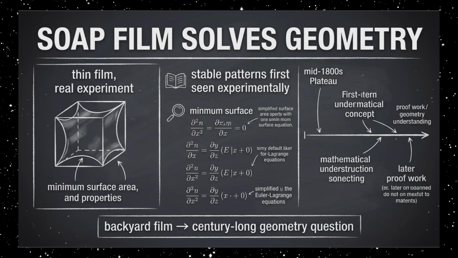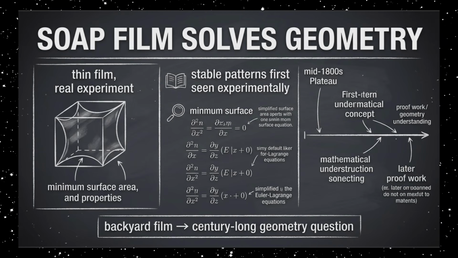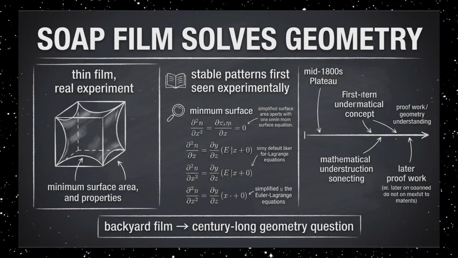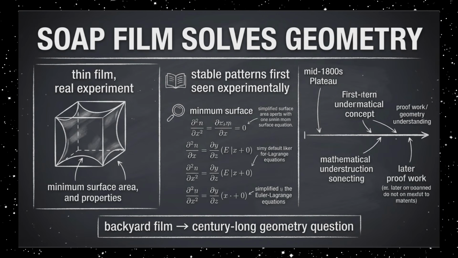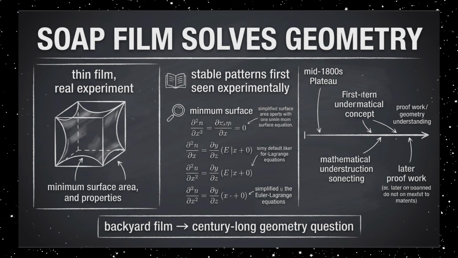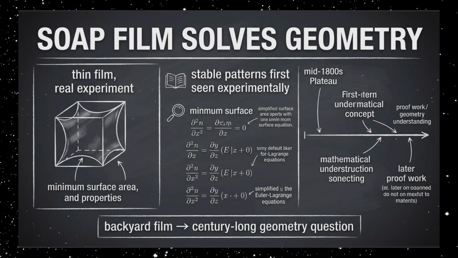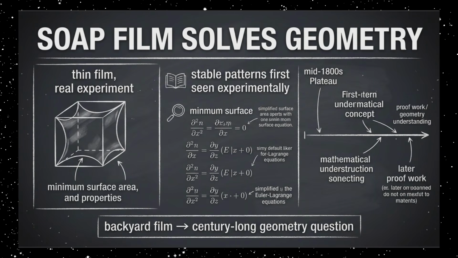Now this is already pretty remarkable. A thin film of soapy water, something a child makes in the backyard on a Saturday afternoon, is solving a geometry problem that stumped mathematicians for over a century. Plateau described these rules from his experiments in the mid-1800s.